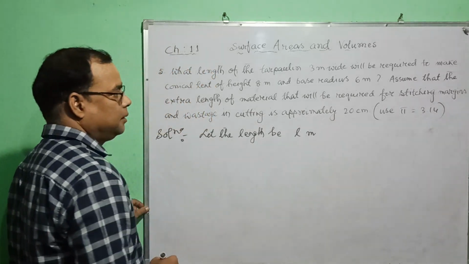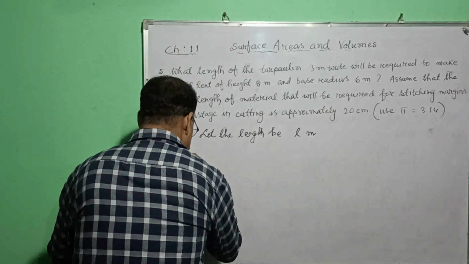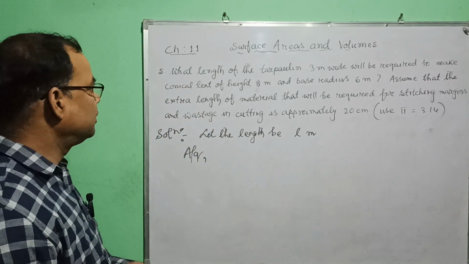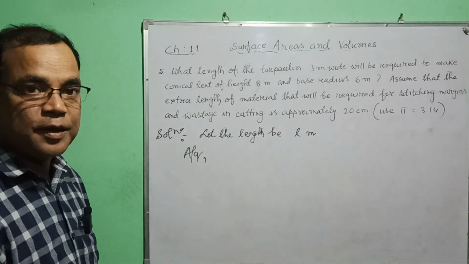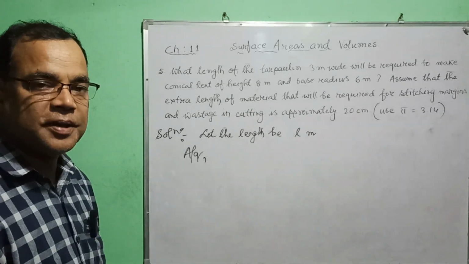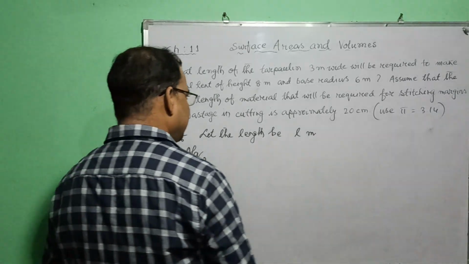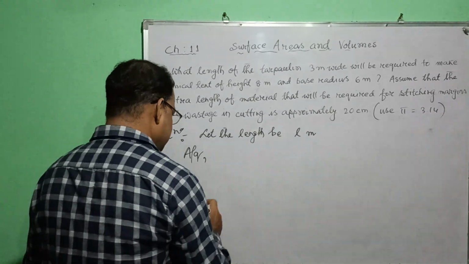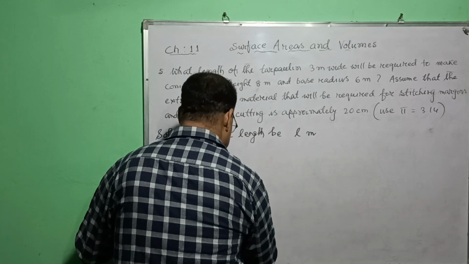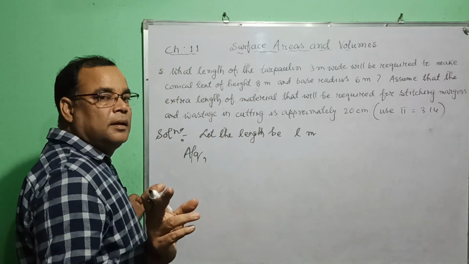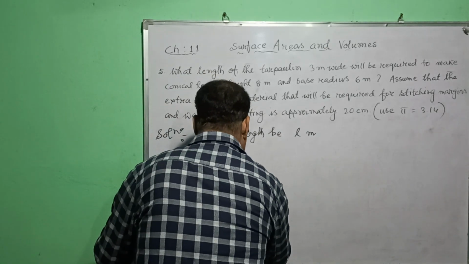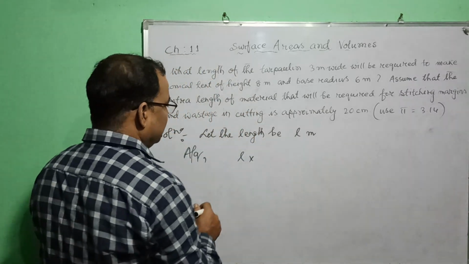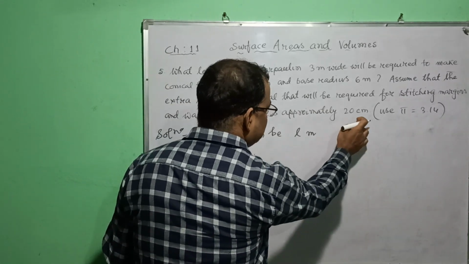Now we can write according to the question. We have to find the slant height here because in curved surface area L is needed, but L is not given. Radius is given and height is also given. So we'll write the area of the tarpaulin: if the length is L, it is L minus 20 centimeter, because 20 centimeter is needed.